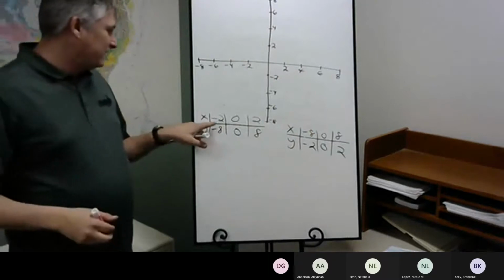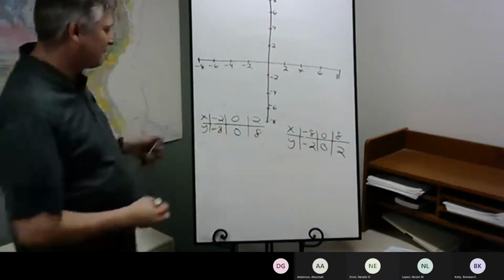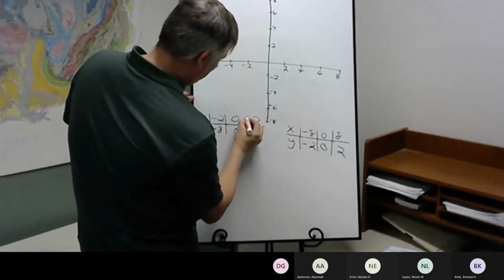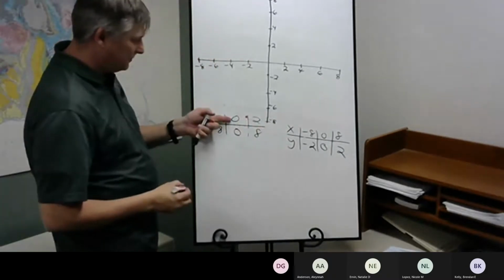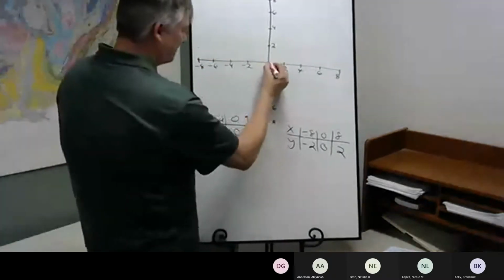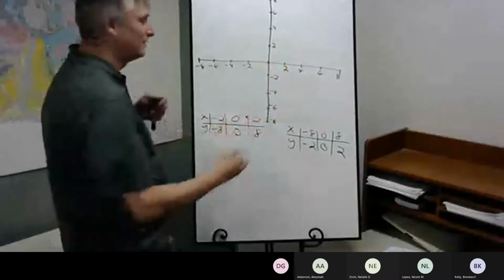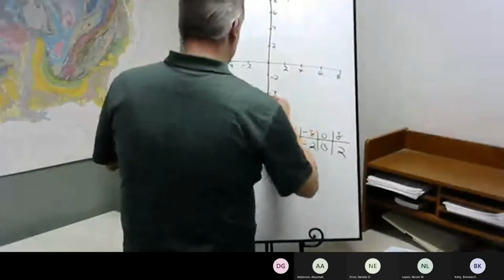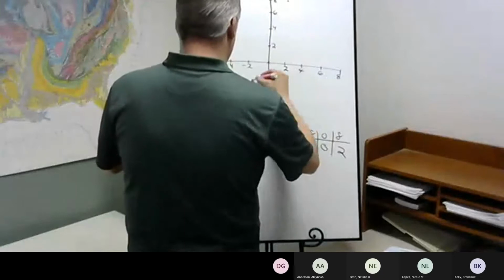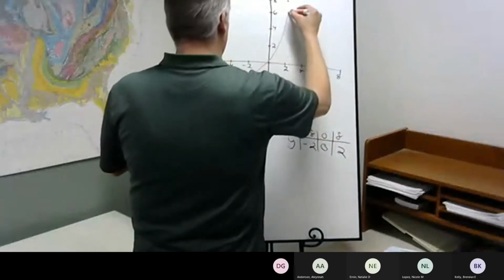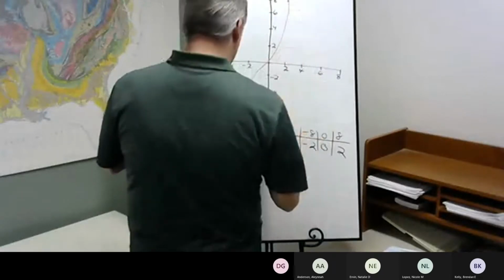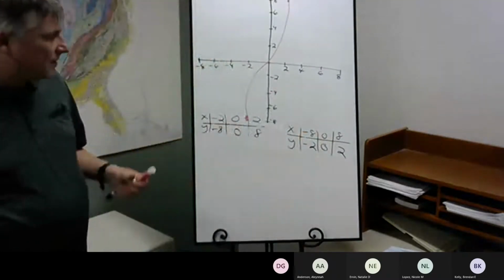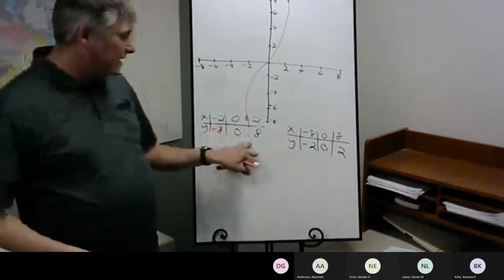So let's see, we have -2, -8. Right here, 0 and 0. And then 2 and 8. Now, if I graph the inverse, this is f of x.